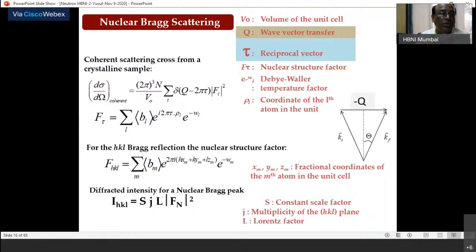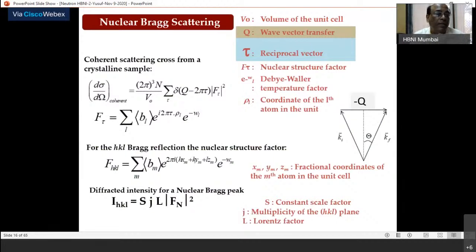So this S is nothing but the constant factor. Suppose you are doing an experiment using our facility at the Dhruva reactor, BARC, with the sample amount fixed and the number of scatterers fixed, and you take the same sample to ILL in France and put it on an instrument. Assume the entire sample is immersed in the beam, with the full beam falling on the sample.